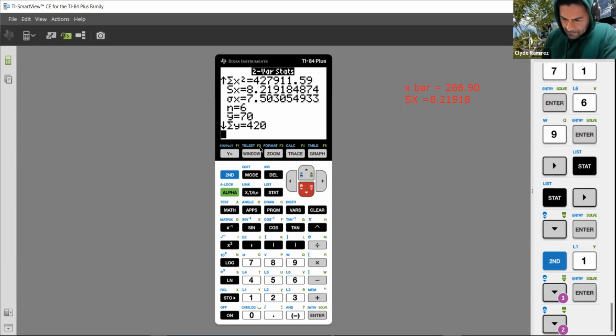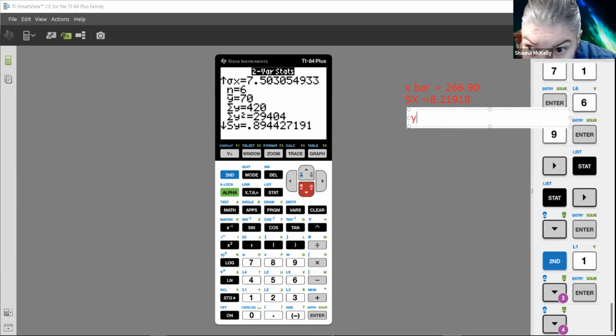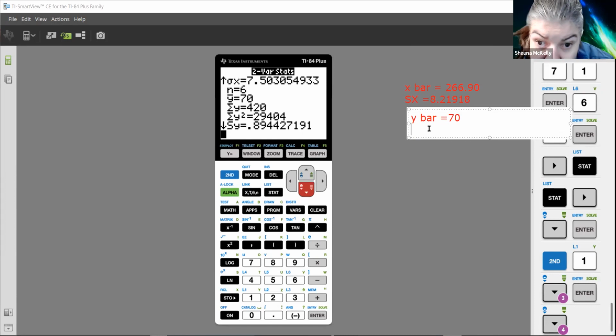My Y bar is 70, and I want to find my S sub Y. I'm going to write those two numbers down. Y bar is 70, and my S of Y is 0.89443.